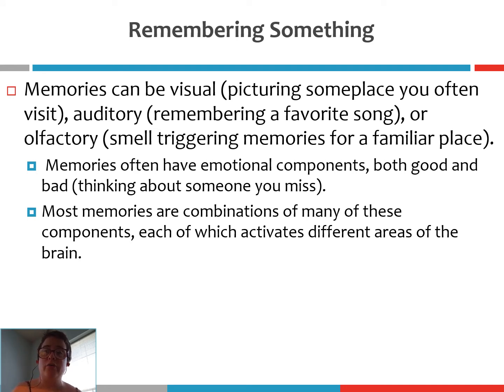And also, one of the most powerful senses in terms of generating very, very rich, detailed memories is your sense of smell, right? So olfactory stimulation can prompt you to remember all kinds of things, right? So all of these basic sensory modalities are going to be triggered whenever you conjure up a memory.